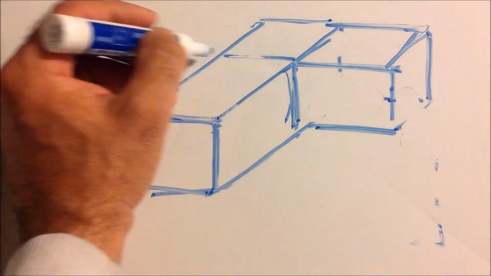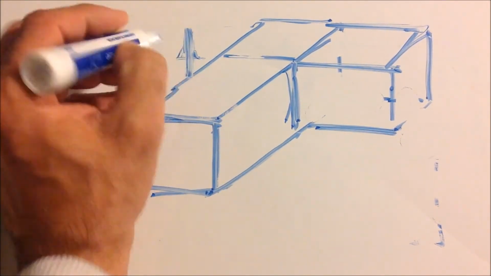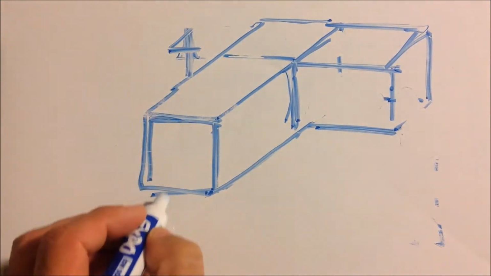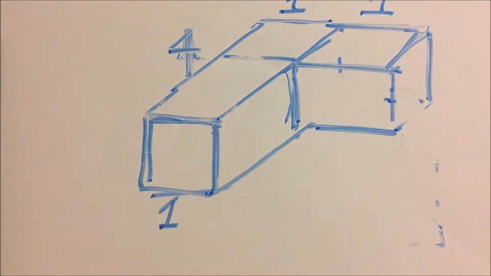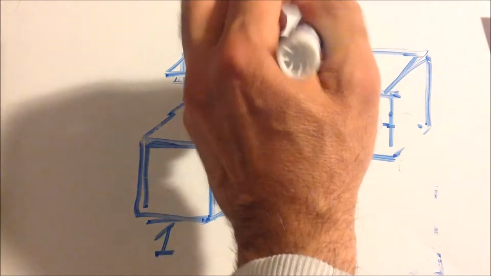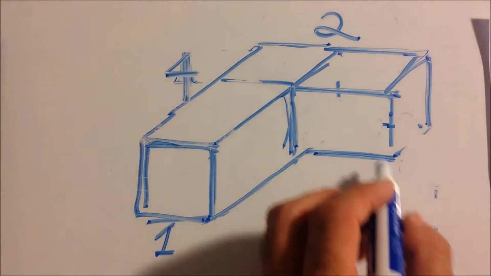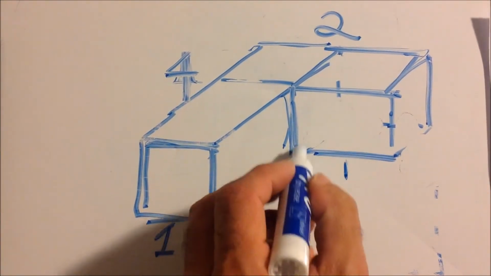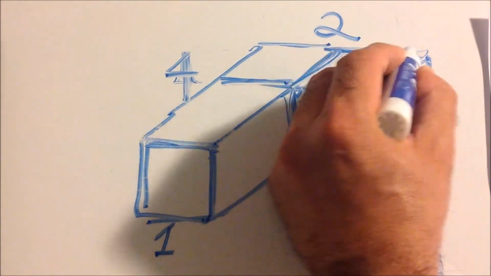So remember, we had measurements here. This was 4, we'll say just 4 units. This was 1, so that's 1. This was 1, so if they were both 1, now we have a total of 2. And then we have 1 here. And now you have to think about it.